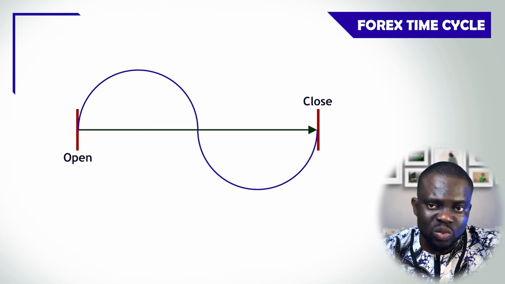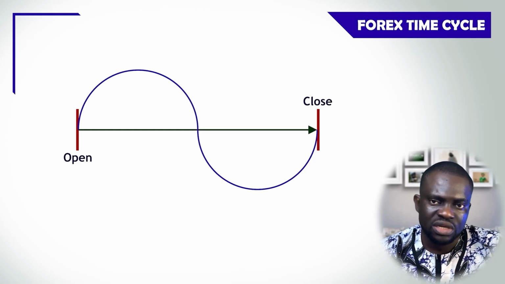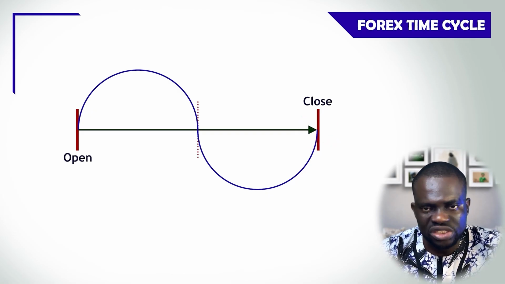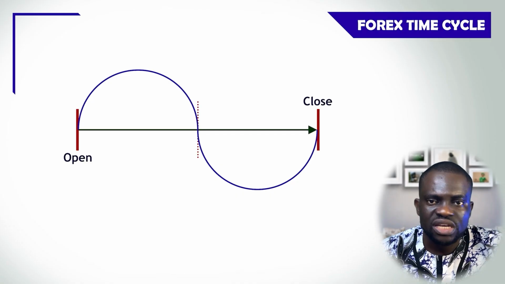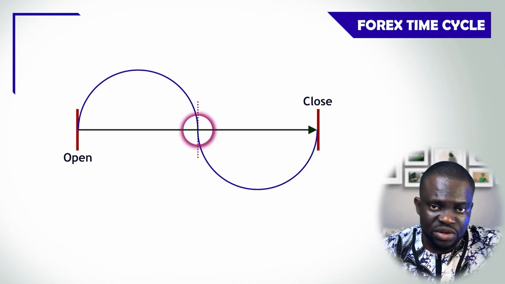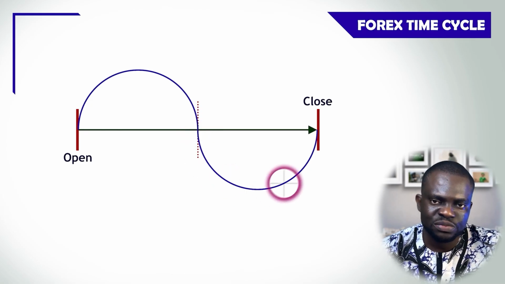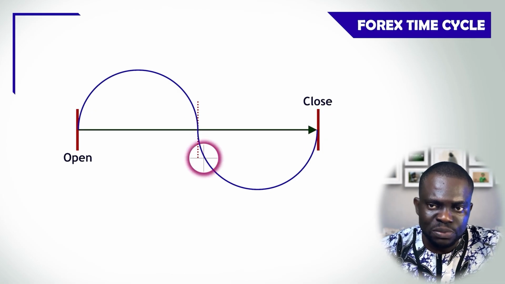If you look at one complete wave cycle, that is from the open point to the close point, you will clearly see that there are two phases within a cycle. The first phase is the crest formation phase, from the open to the midpoint of the period, and the second phase is the trough formation phase, that is from the mid-period to the end of the cycle.